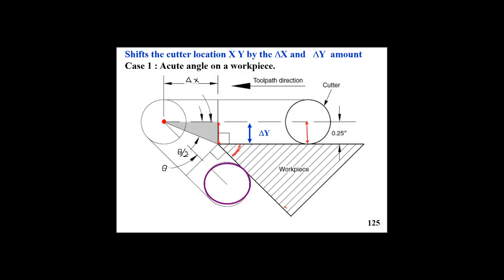How can we achieve this objective? First of all, we have to shift the two edges by the same amount as the cutter radius. So we create these two lines: shifting the first workpiece edge gives the first line, and the second workpiece edge is shifted to get the second line.